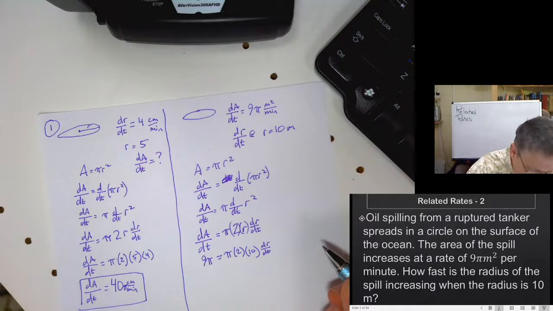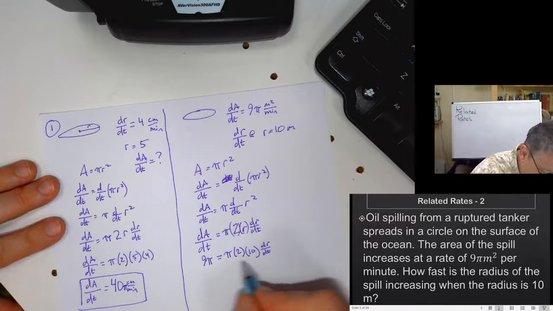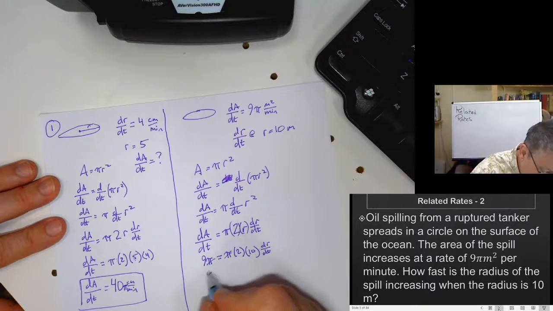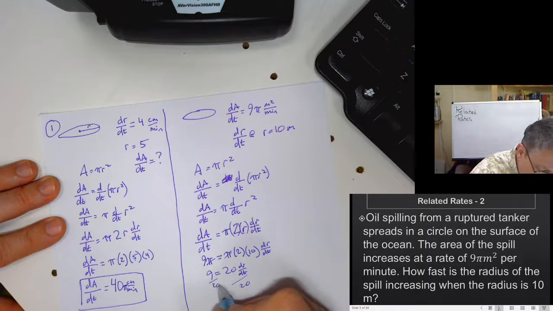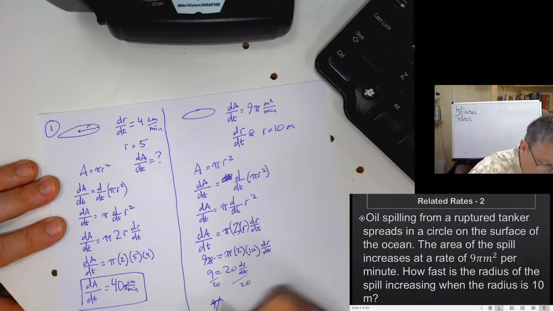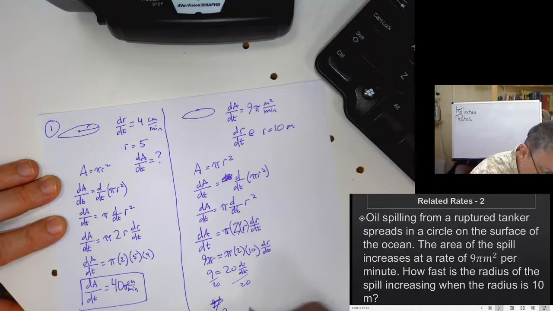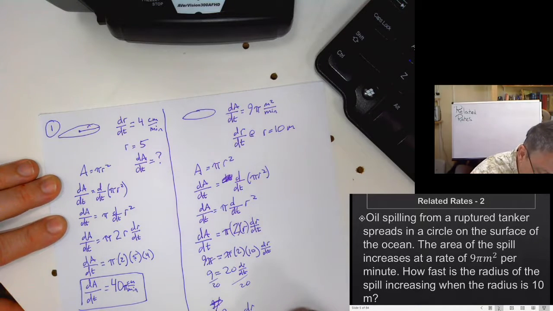So the pi's are going to cancel out, right? 9, and then 2 times 10 is 20. Divide both sides by 20. 9 over 20 equals the rate of change of the radius.